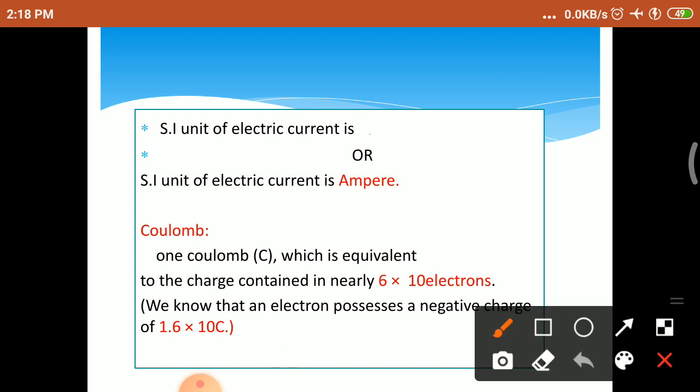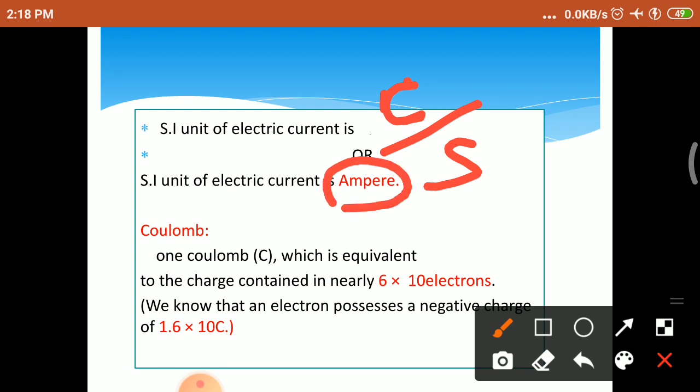Here the SI unit of electric current is coulomb per second. Otherwise we can say that the SI unit of electric current is ampere. Now we are going to see what is meant by 1 coulomb. 1 coulomb is equivalent to the charge contained in 6 into 10 power 18 electrons.